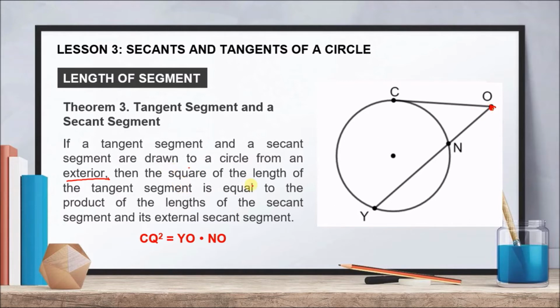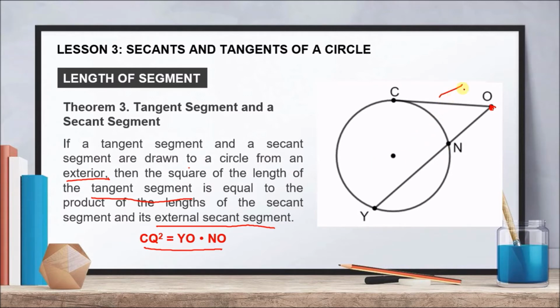Then the square of the length of our tangent segment, which is this, the square of that is actually equal to the product of the whole part of the secant involved and the external part of the secant, which is represented by these letters in this figure here.